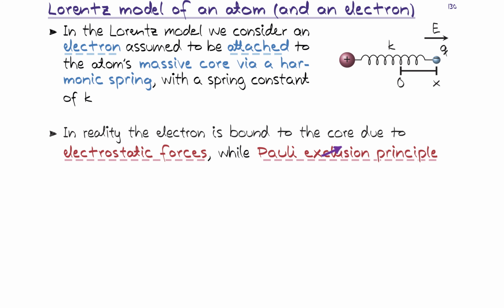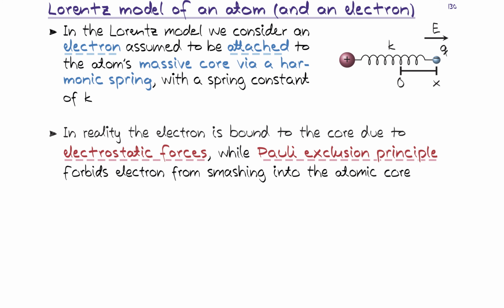Then the Pauli exclusion principle essentially forbids the electron from coming close. Due to the nature of electrons being fermions, the Pauli exclusion kicks in and forbids those electrons, the conduction electrons or valence electrons at the outer shells of the electron structure, from collapsing into the atomic nucleus, into the core.